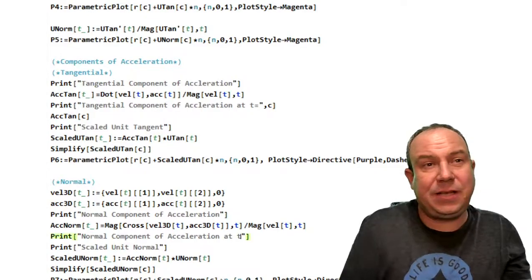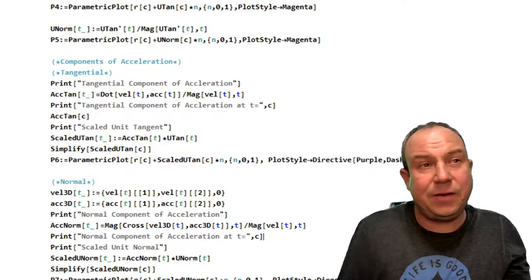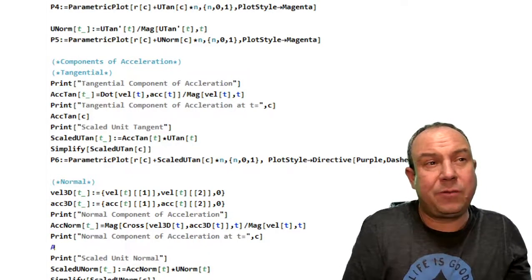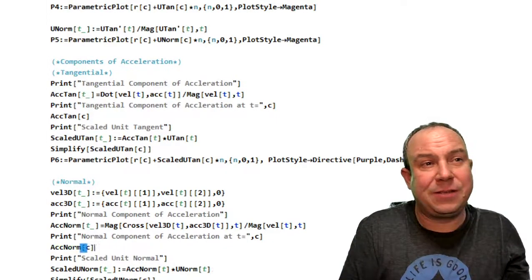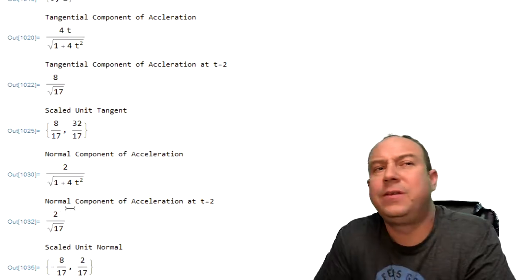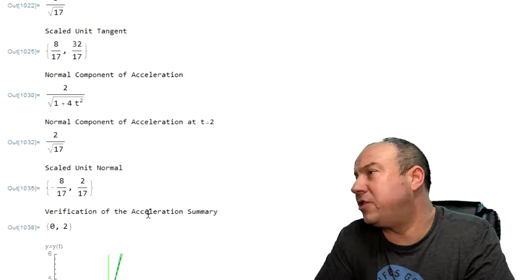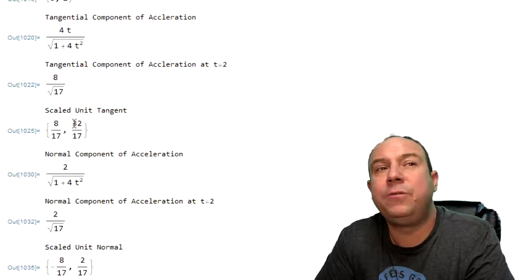At t equal to, comma, C. And then we'll do the acceleration normal at C. And that tells us the normal component of acceleration at t equal to 2. Or we could talk about the tangential component of acceleration at t equal to 2. They're two values, respectively.